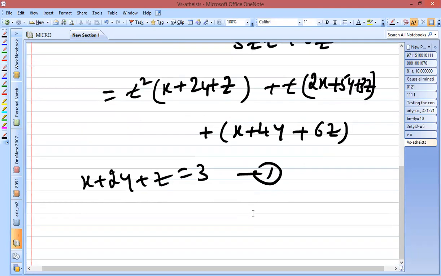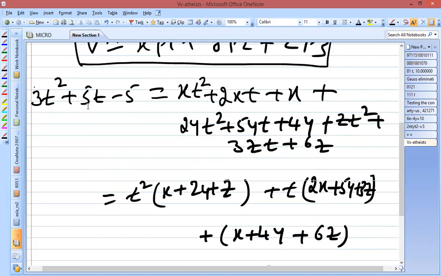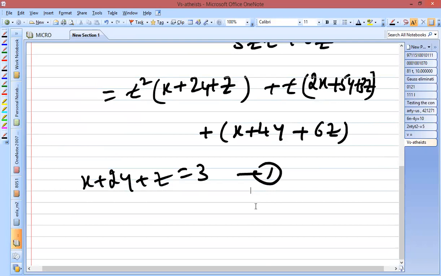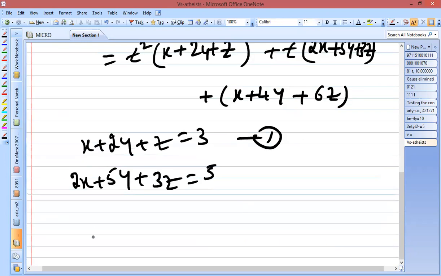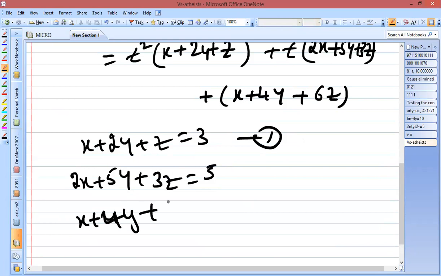Similarly, compare the coefficients of t on both sides. 2x plus 5y plus 3z is equal to 5. And then we have x plus 4y plus 6z is equal to minus 5. Take these as equations 1, 2, 3.